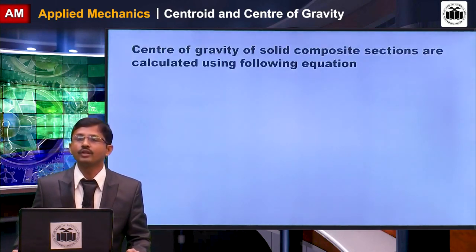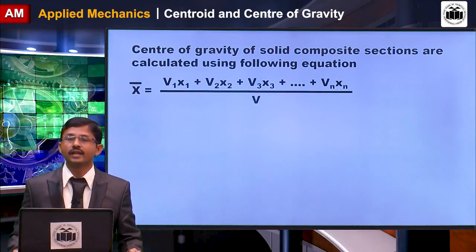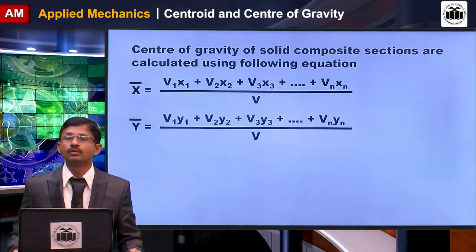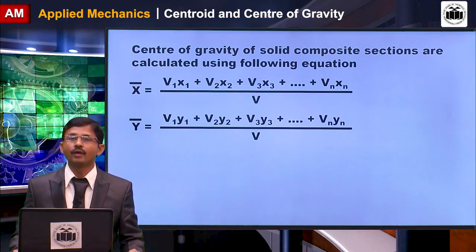So the center of gravity of solid composite sections is calculated using equations. X bar is equal to V1 x1 plus V2 x2 plus V3 x3 up to Vn xn divided by total volume. Then Y bar is equal to V1 y1 plus V2 y2 plus V3 y3 up to Vn yn divided by total volume.